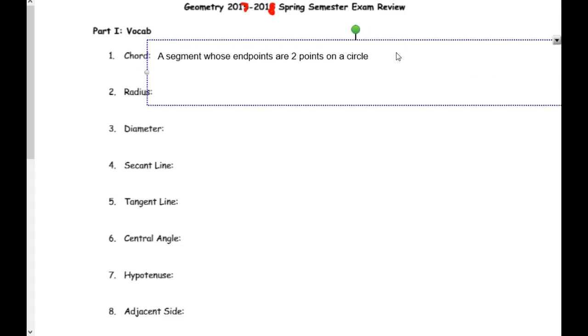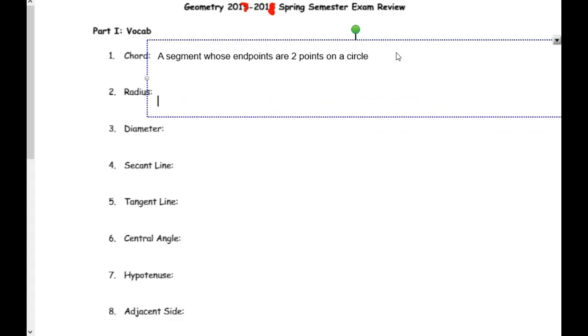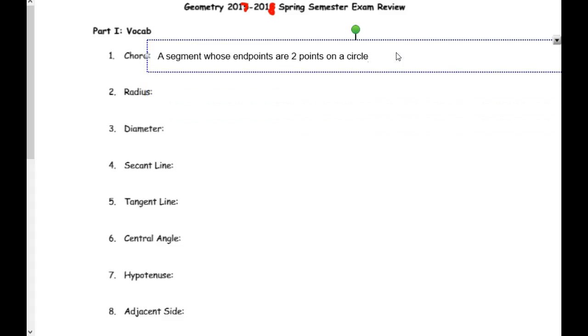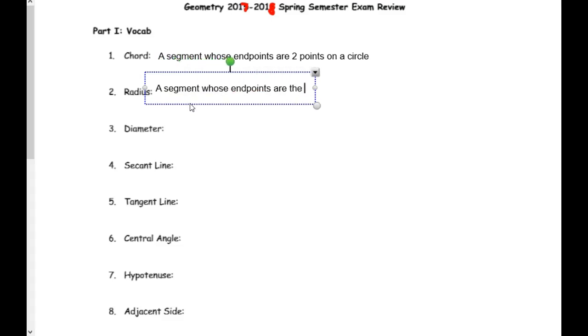Alright, and then a radius is a segment whose endpoints are the center of a circle and a point on the circle.